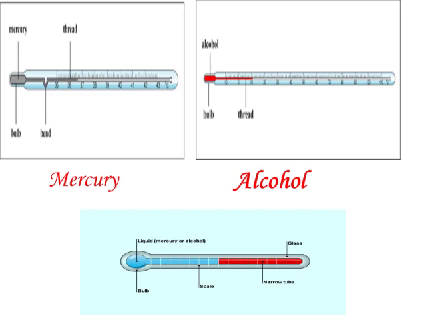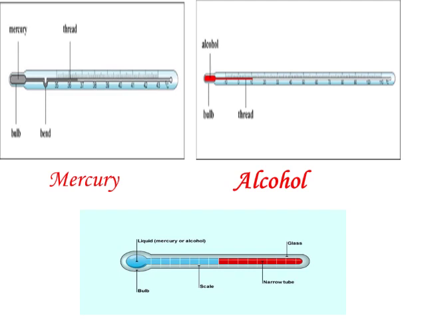So come, let us discuss why mercury is used in thermometers. Mercury is preferred in most thermometers because it is present in liquid state over a wide range of temperatures. Not only that, it is silvery grey in color, so it is relatively easy to observe.